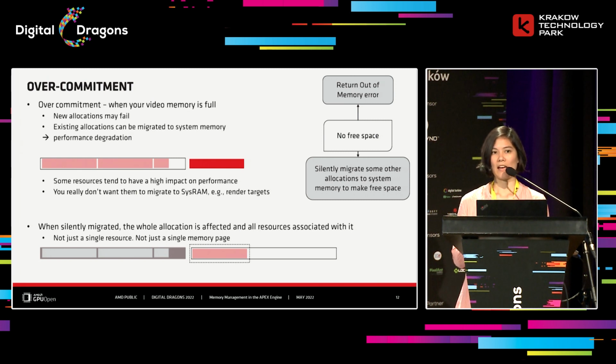And this can have a severe performance degradation depending on which resources were in this allocation. And it can be very severe if these are resources that are actually quite performance critical, such as render targets. And also note, if an allocation gets migrated, it's really the whole allocation with all the resources in it. It's not just a single resource or a single page that gets migrated, it's the whole allocation.